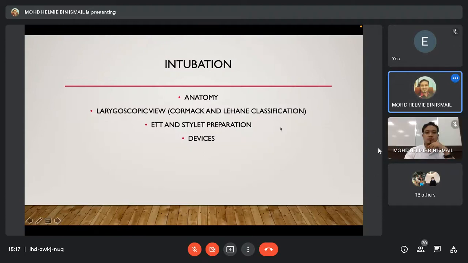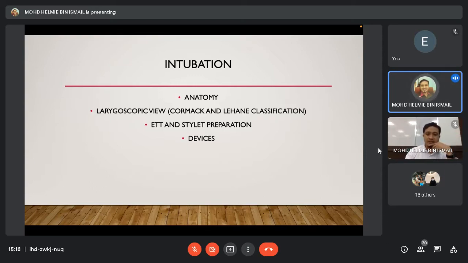So how do you intubate? When you want to intubate, you need to prepare for intubation. Basically, the first slide is you need to prepare the position and then the airway maneuver. You need to prepare airway equipment. You need to prepare oxygen supplement, and you need to prepare the bag valve mask equipment.